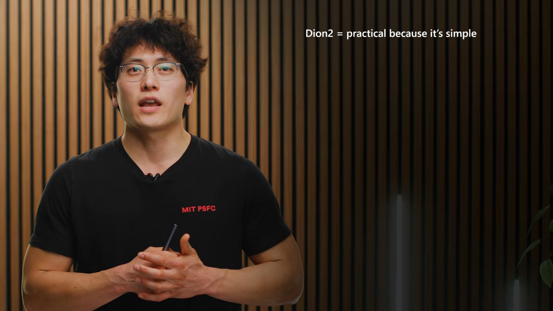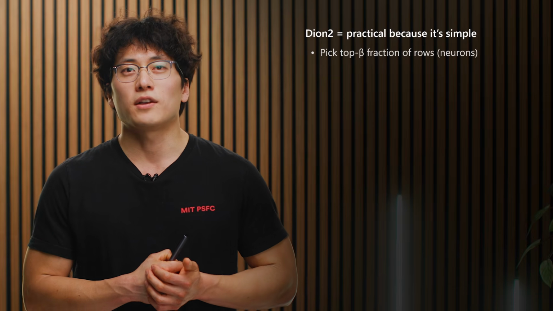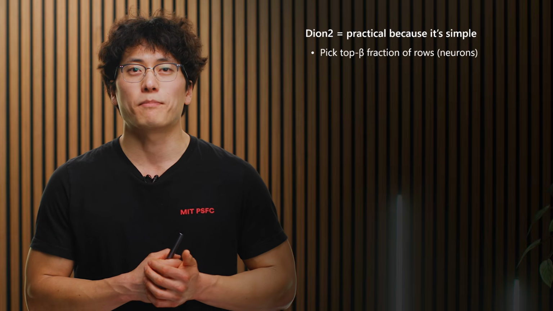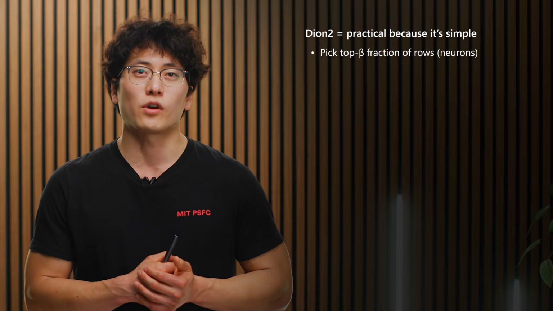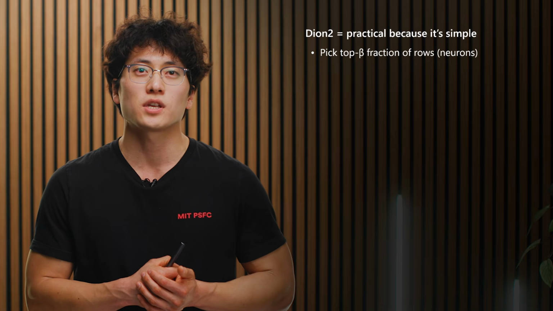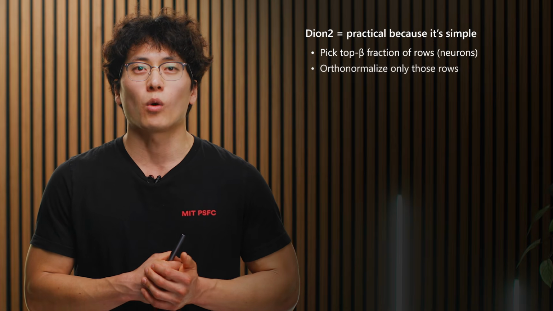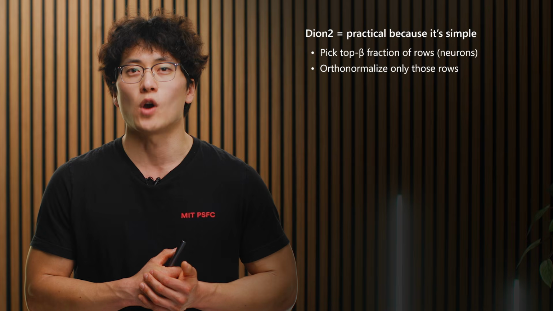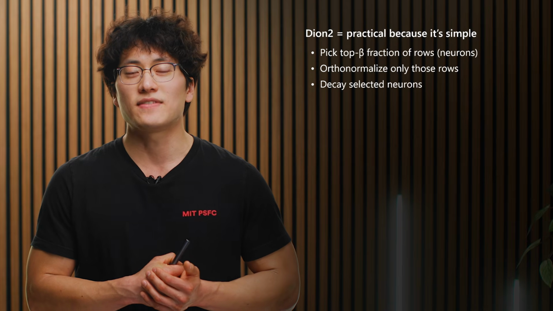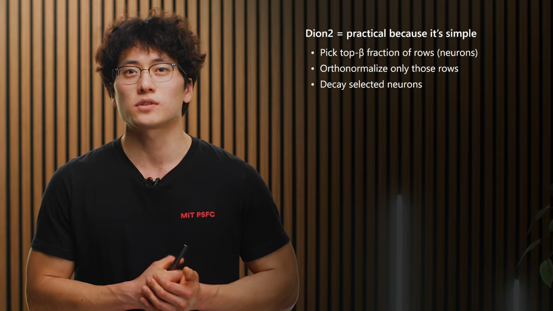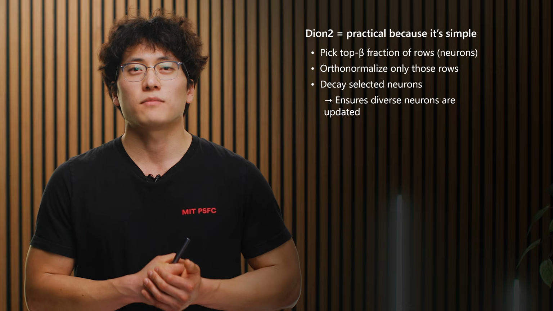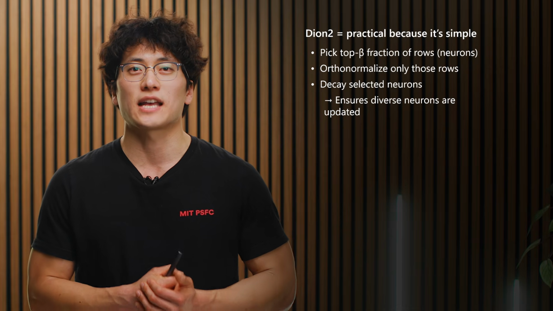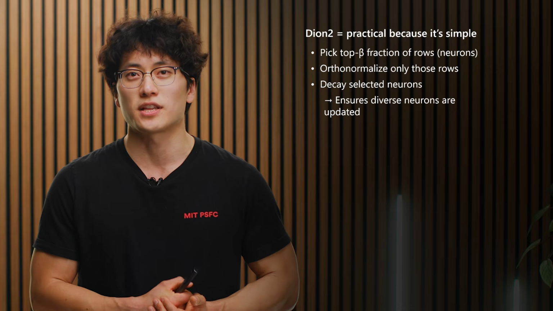The remarkable thing about Dion2, which makes it practical, is its simplicity. It first picks the top beta fraction of rows or neurons based on their norms, and then we orthonormalize only the chosen rows or neurons and decay the selected rows, so that diverse neurons get selected across different training steps.